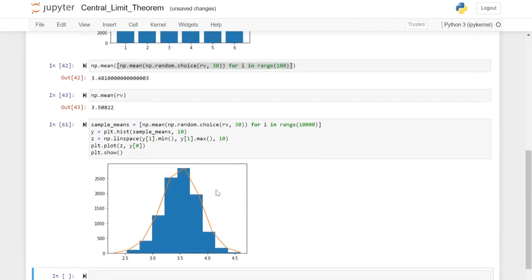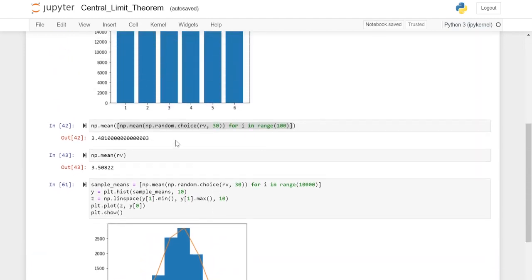So earlier we drew the conclusion that the mean of the population and the mean of the sample means will be similar.